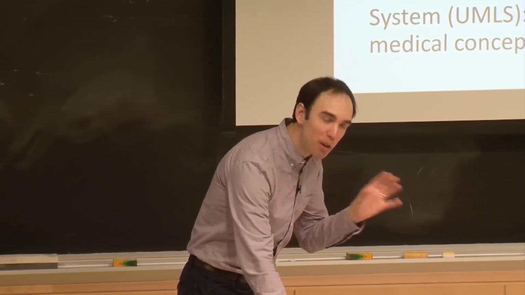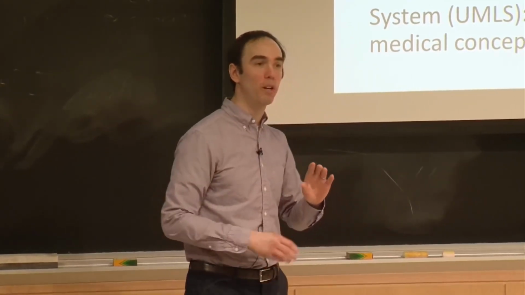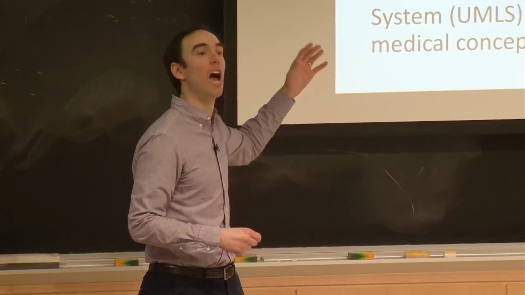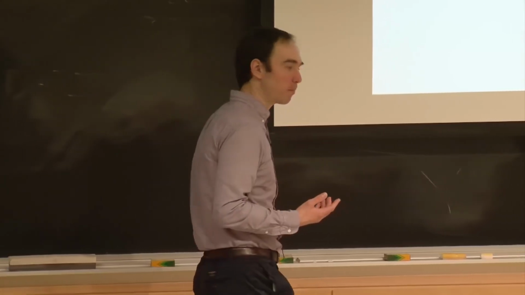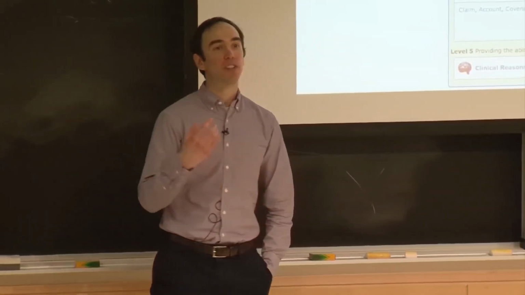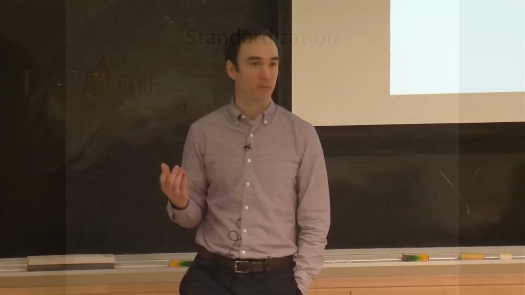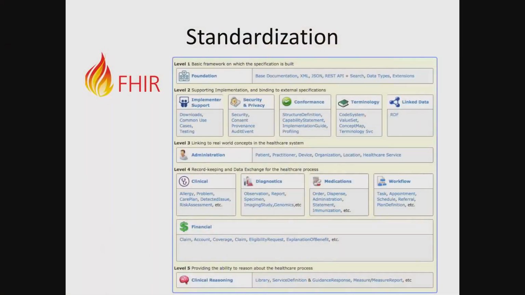But I want to talk very briefly about what you can do once you have a standardized vocabulary. One thing you can do is build APIs, or application programming interfaces, for sending that data from place to place. And FHIR, F-H-I-R, is a new standard which has widespread adoption now here in the United States for hospitals to provide data both for downstream clinical purposes, but also directly to patients.